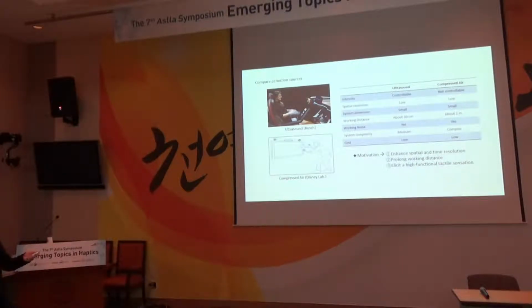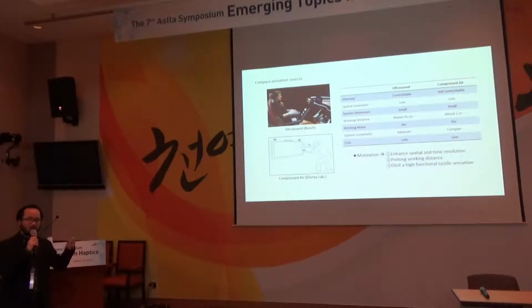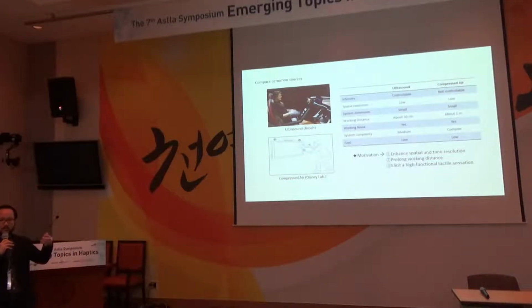And spatial resolution, both of them are low, and system dimensions are a little bit small. For working distance, ultrasound papers effectively transport ultrasound to feel the tactile sensation at about 30 centimeters, and compressed air is about 1 meter. Sometimes 1 meter is enough, but for some people 1 meter is not enough.